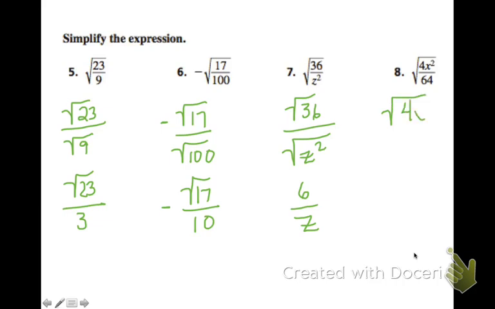Square root of 4x squared over square root of 64, and so that's going to be 2x over 8. Hopefully you can see that the 2 and the 8 have a common factor of 2. So if I divide top and bottom by 2, I'll get x over 4 as my simplified answer.